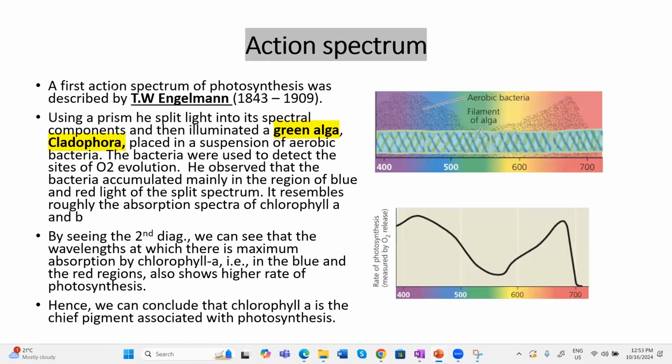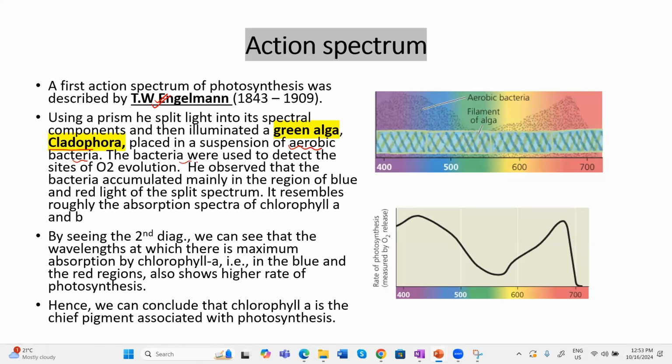So action spectrum, if you see, was first performed by T.W. Engelmann. What he did, he used the green alga Cladophora, and he illuminated this green alga by passing white light through the prism. So different components of the white light are created, and to check where the working is going on, he used aerobic bacteria.